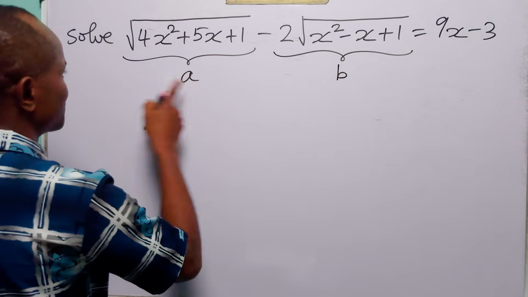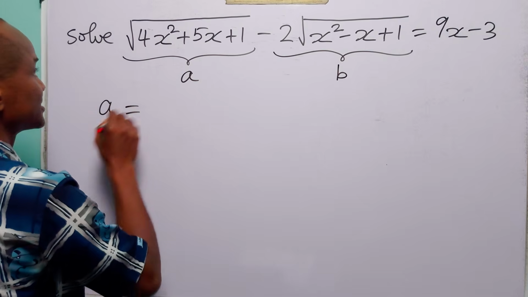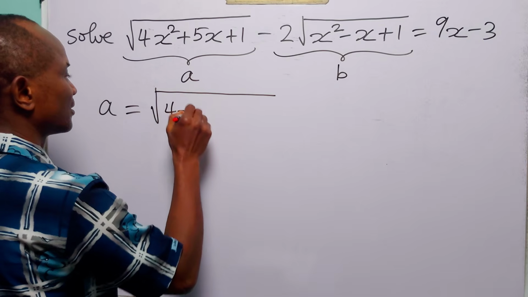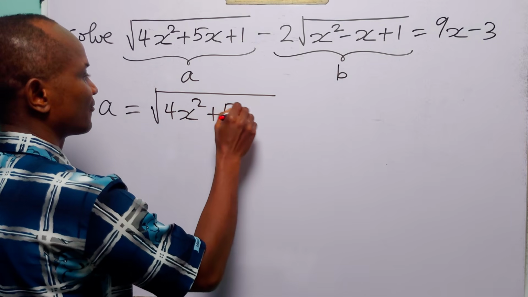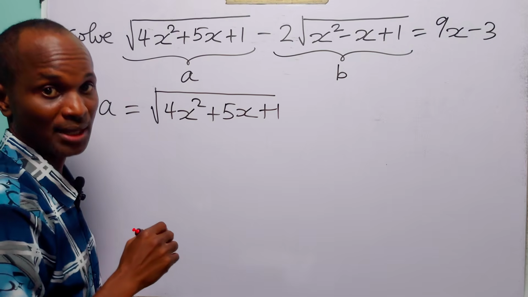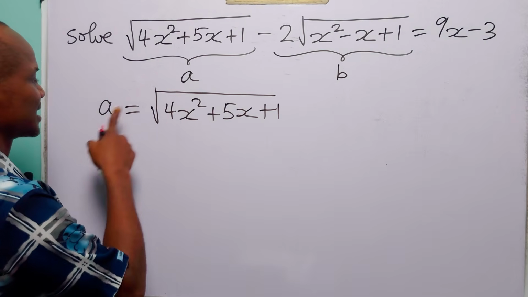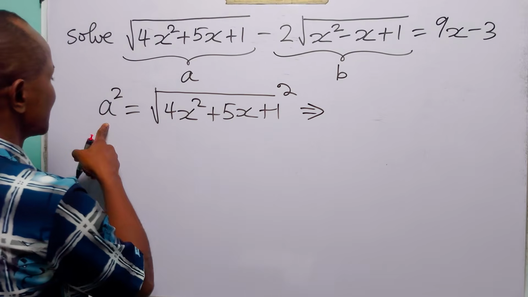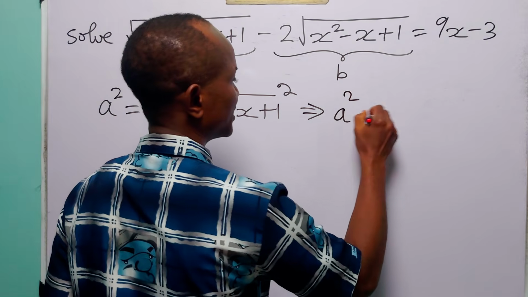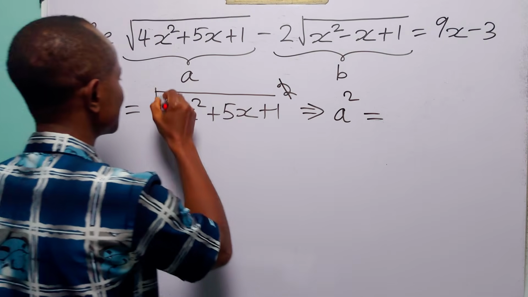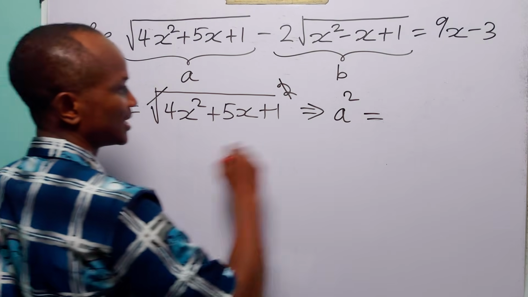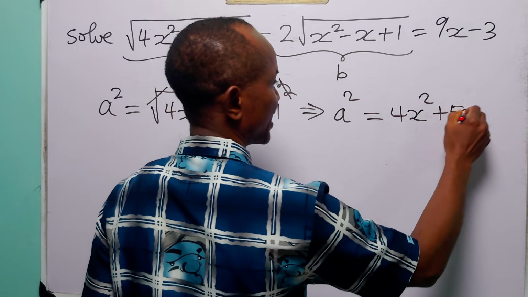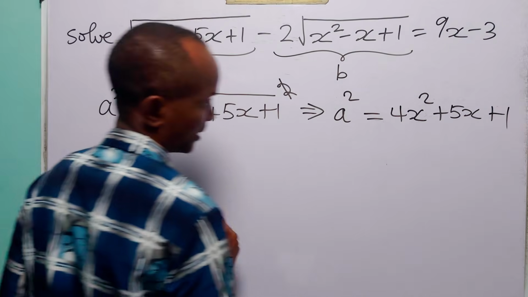Now, from this first substitution, we have that a is equal to the square root of 4x squared plus 5x plus 1. You know that if we square both sides of this equation, then we have that a squared is equal to, this is going to take care of the square root, leaving us with 4x squared plus 5x plus 1.